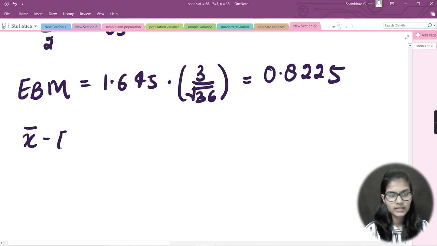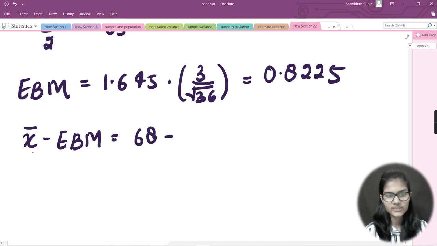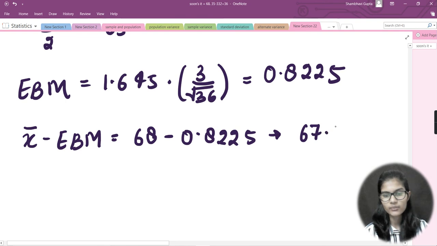So x bar minus EBM is equal to 68 minus 0.8225, since x bar, the mean, was 68 for the question. From here the answer is 67.1775.